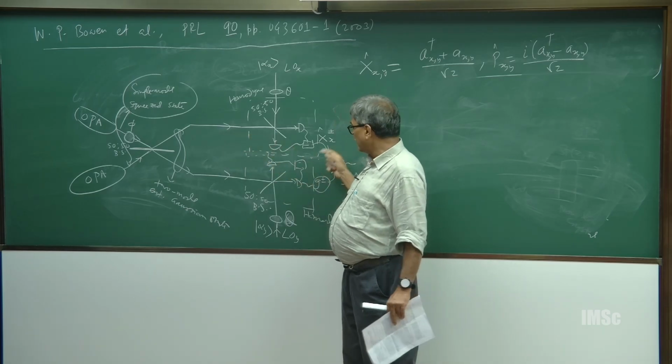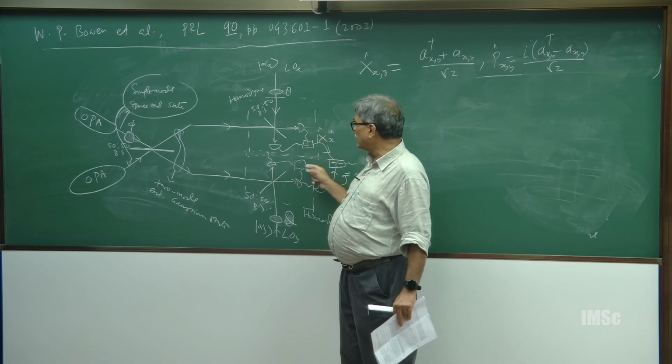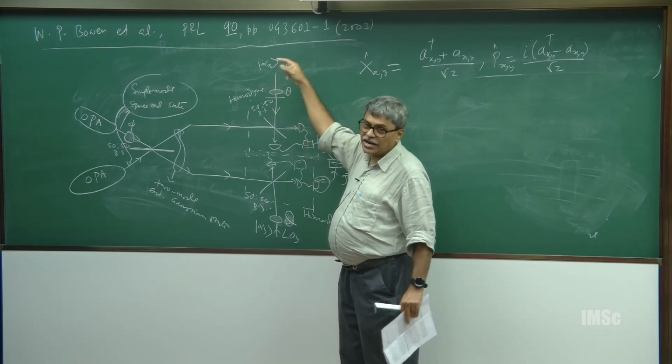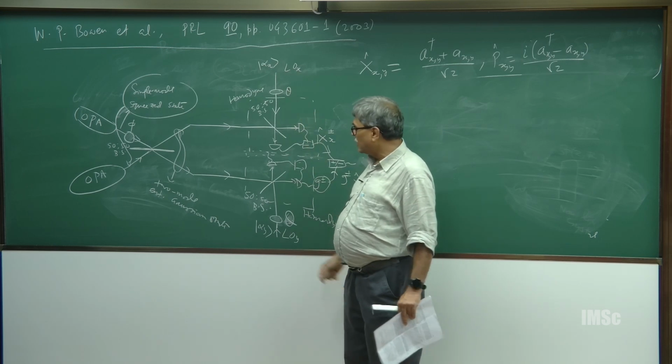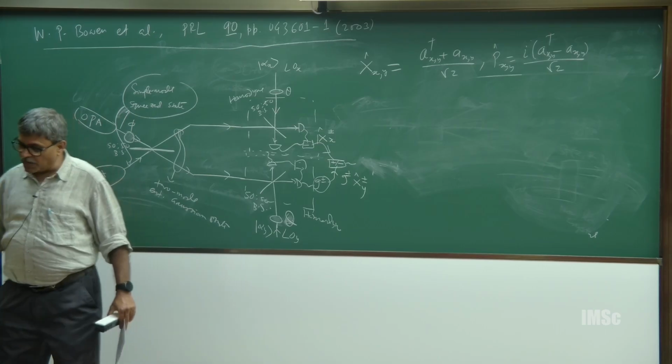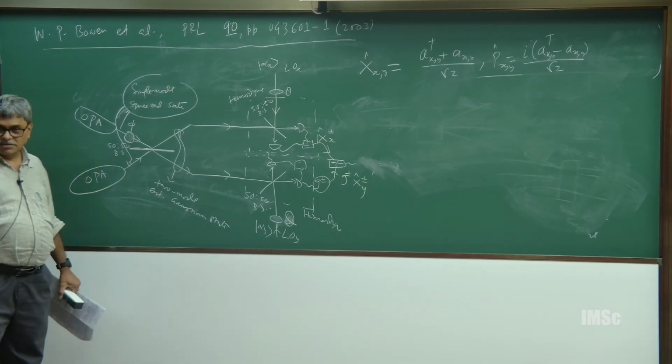And similarly from here. This local oscillator is in your hand, and this is the standard way of detecting the quadrature variables.